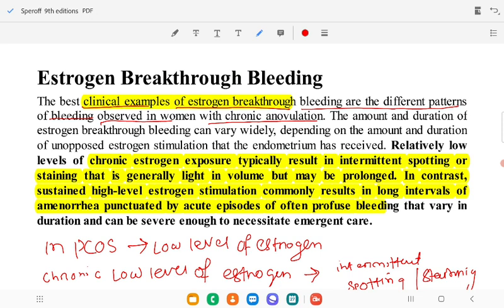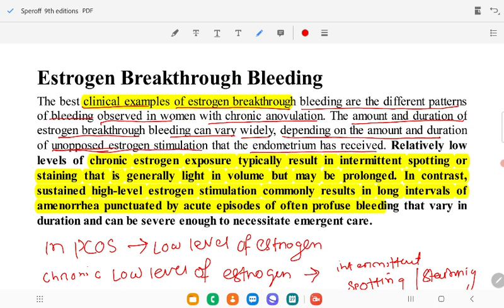The amount and duration of estrogen breakthrough bleeding, how much and for how long, can vary widely depending on the amount and duration of on-off estrogen stimulation that the endometrium has received.